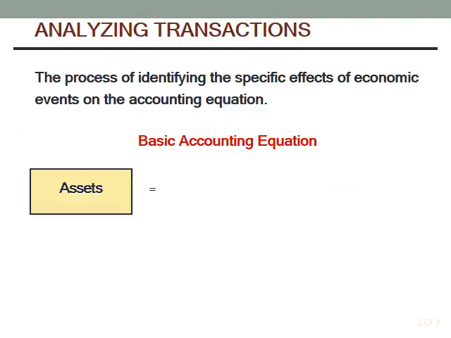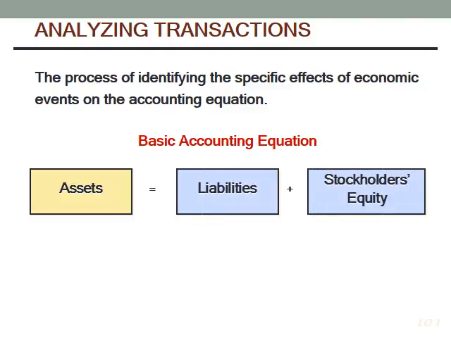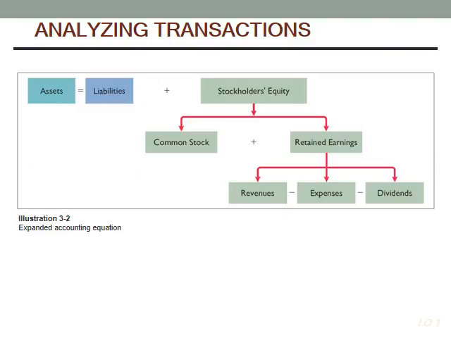All right, so the basic accounting equation: assets equals liabilities plus stockholders' equity. Okay, this should look like the balance sheet. Assets always have to equal liabilities plus stockholders' equity. But let's take a look at a bigger accounting equation. Assets equals liabilities plus stockholders' equity.